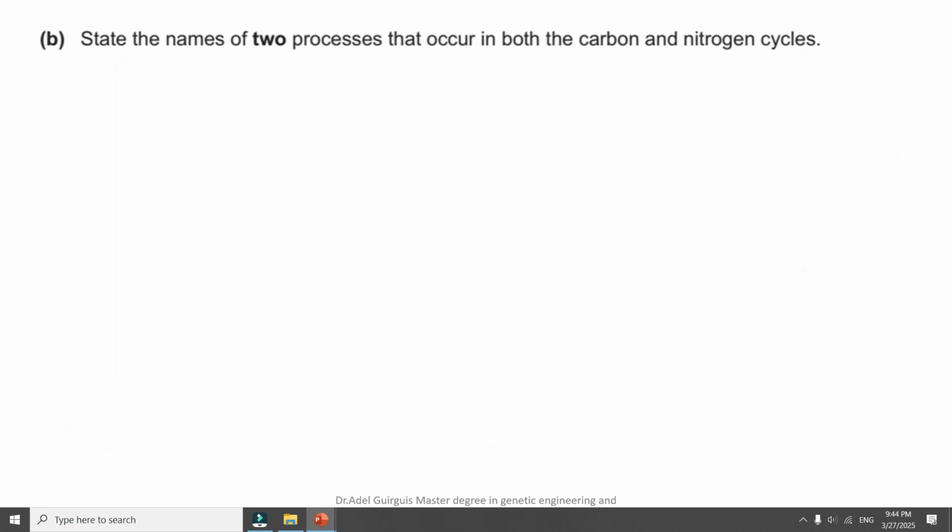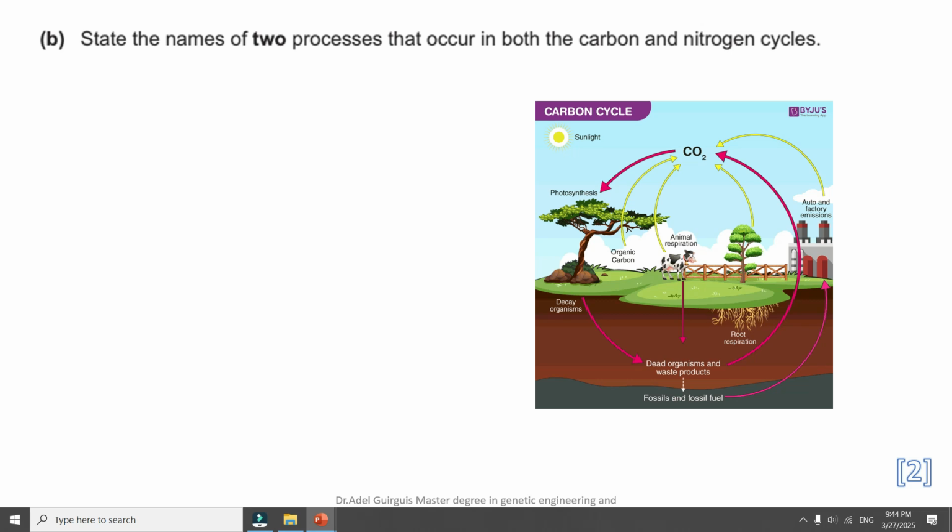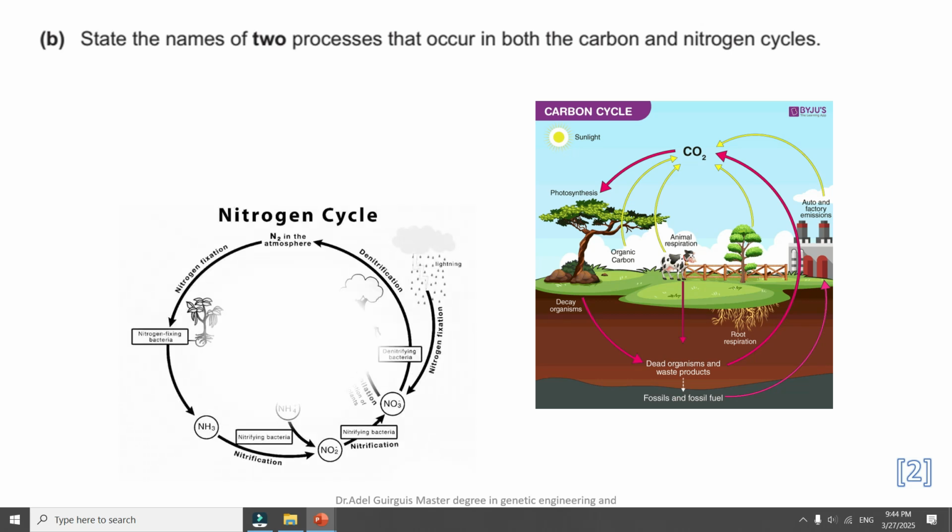State the names of two processes that occur in both the carbon and the nitrogen cycle. Two processes shared in both. Let's see the carbon and the nitrogen cycle. Look, CO2, this is the carbon cycle, this is the nitrogen cycle. What are the sharing points between them?